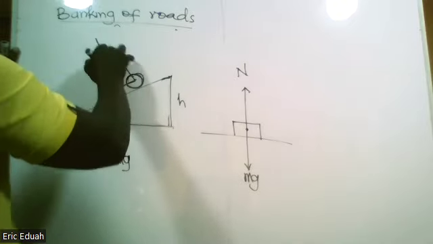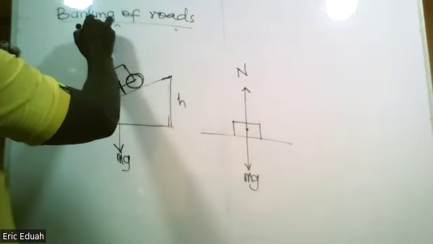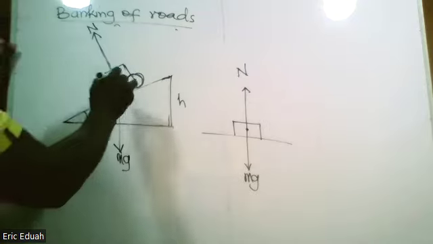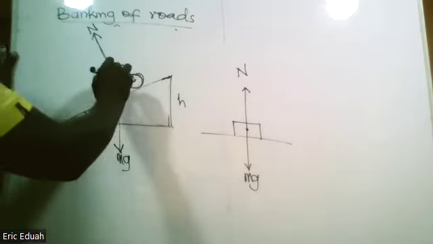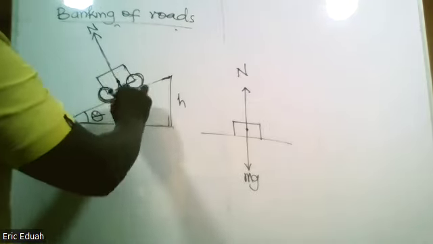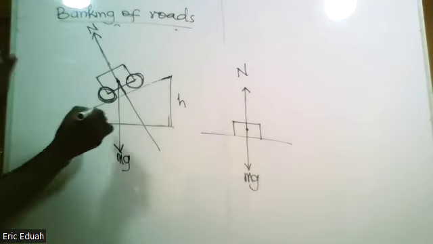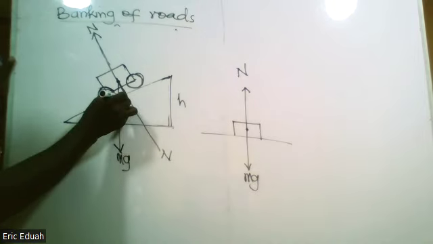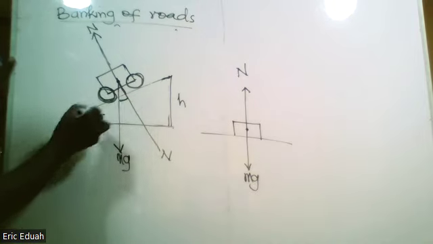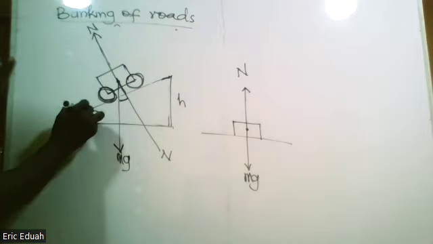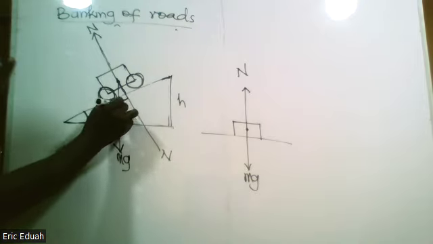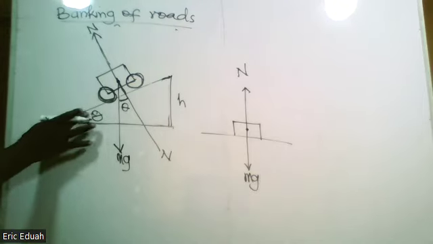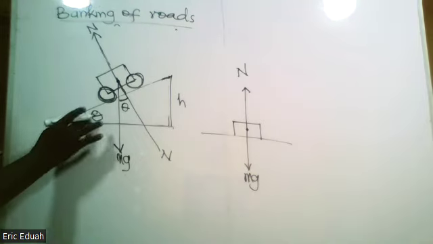So we have this component as the normal reaction N. If we extend this reactional component, we have this angle between the weight and the normal reaction equal to the angle of tilt. So if this is theta, this is also theta. Meaning if this value is 30 degrees, this will also be 30 degrees.